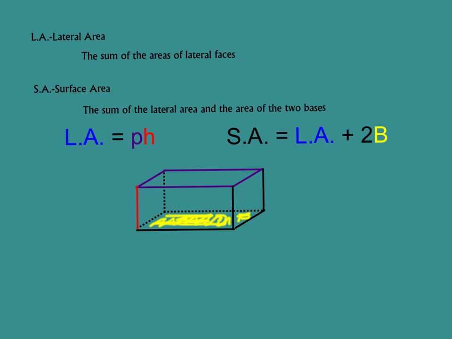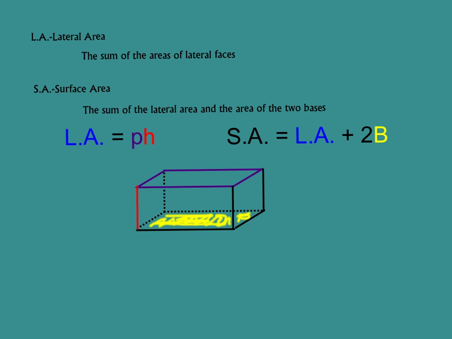All right, so now let's talk about lateral area. We're going to call it LA for short. So the lateral area refers to the sum of the areas of the lateral faces. So for this picture below, we have our faces, the top and the bottom. And then we have, oh, I'm sorry, that's not our bases. Our bases are the sides here.